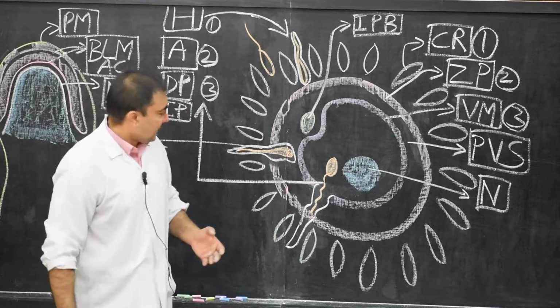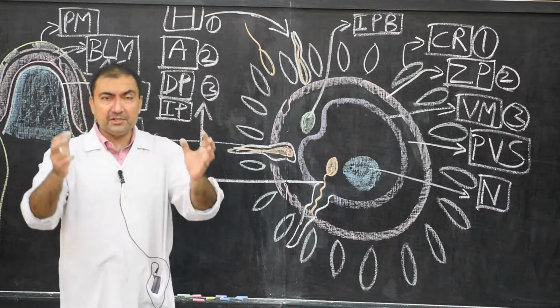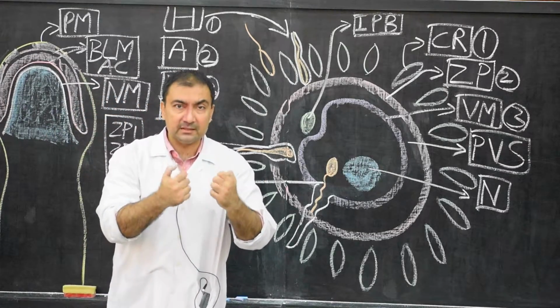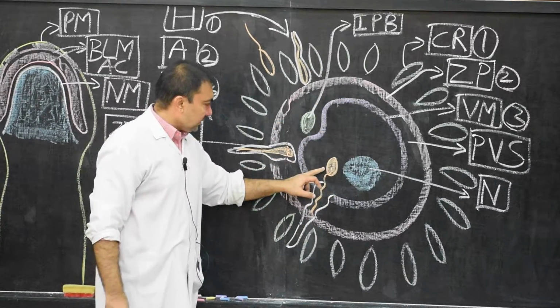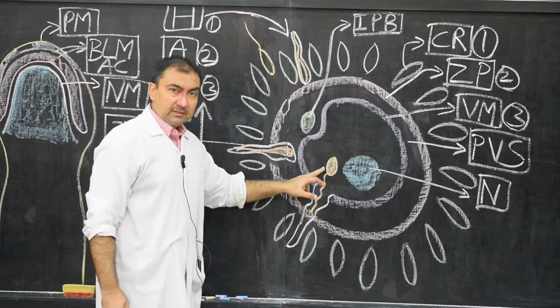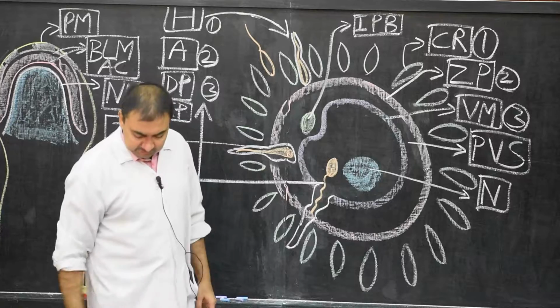Now what will happen? After it has crossed the three barriers, there will immediately be a calcium wave which will affect the oocyte cytoplasm. Because of the entry of the spermatozoon, there will be onset of a calcium wave. What will happen with this calcium wave?